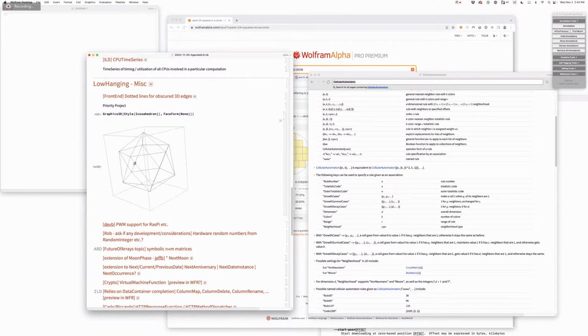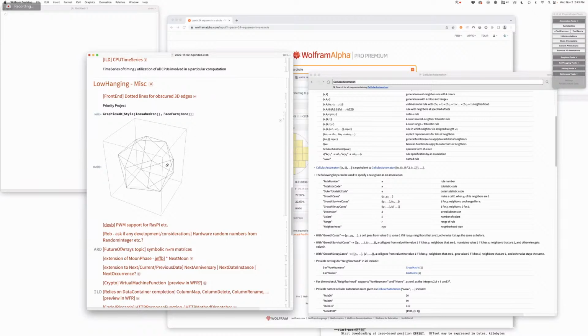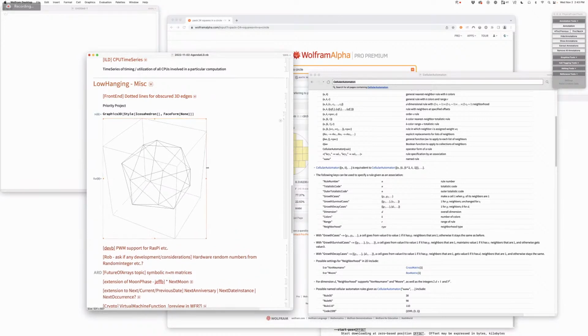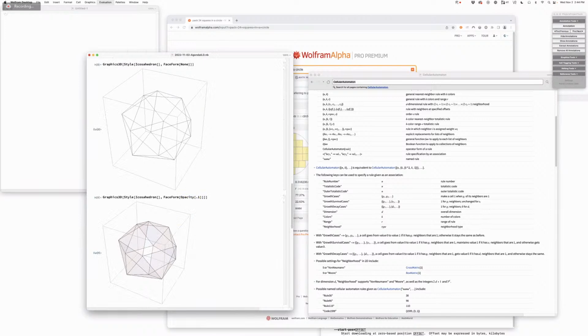That's what people used to do in books 100 years ago, right? Because right now there's nothing we can do. I mean, other than I could fill in here some very light. Yeah, that's what this is about. Right? How do you show the obscured edges dotted as they would in any ancient book?